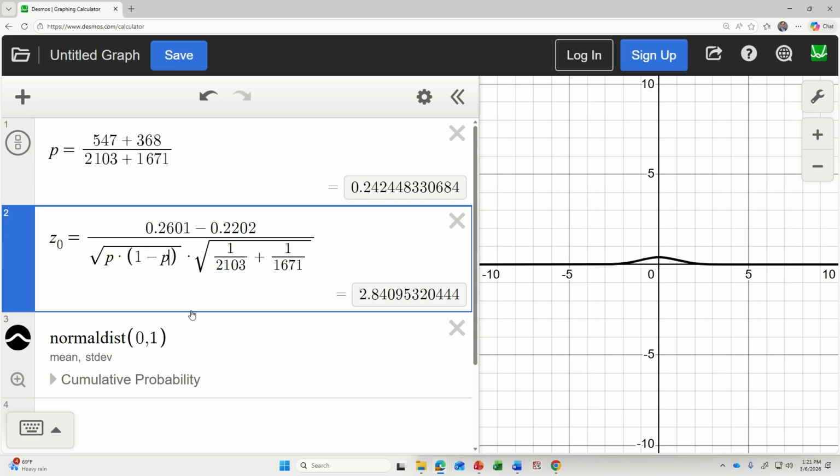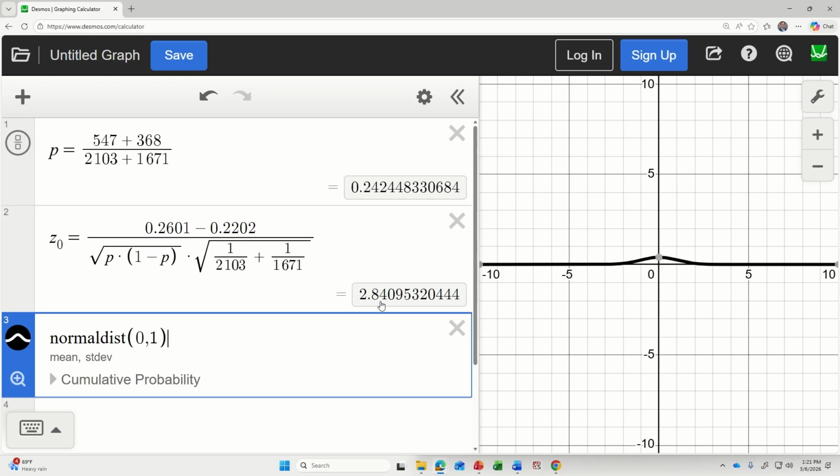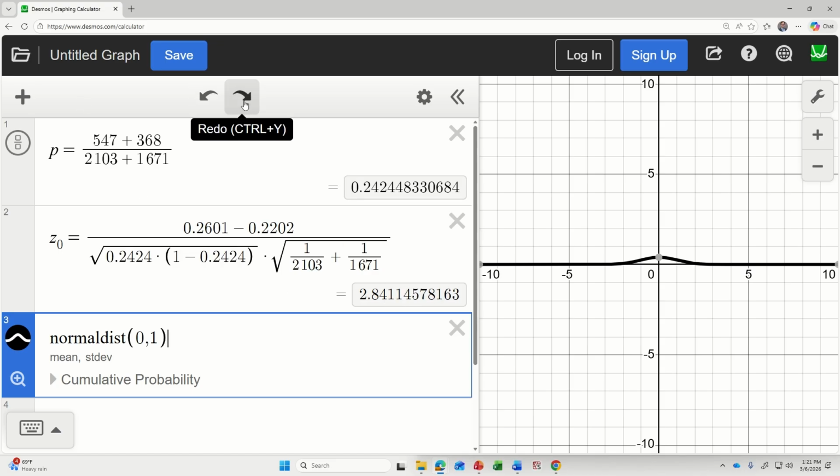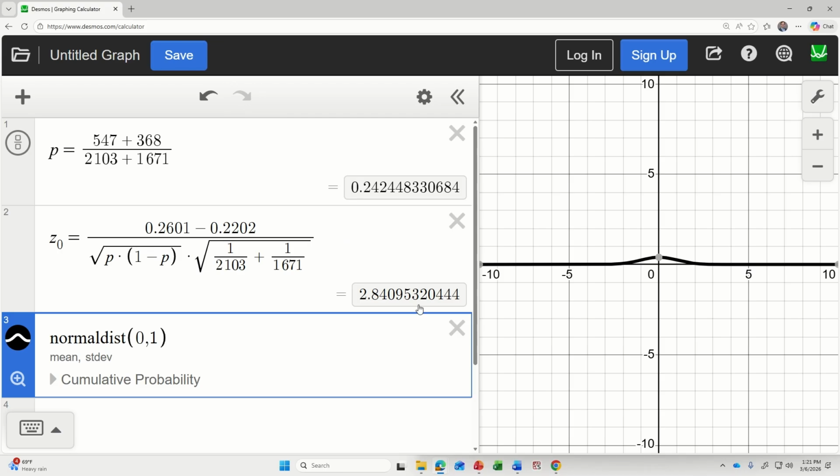So I could also do that if I wanted to. It still gives me about the same answer: 2.841 when I round to 4 sig figs.